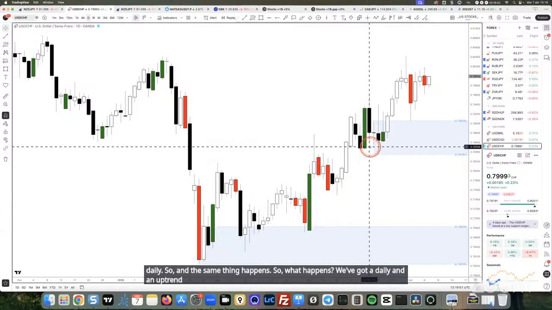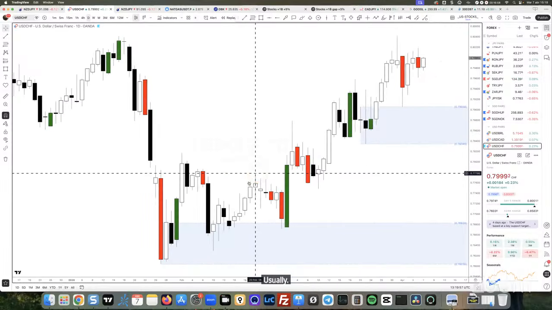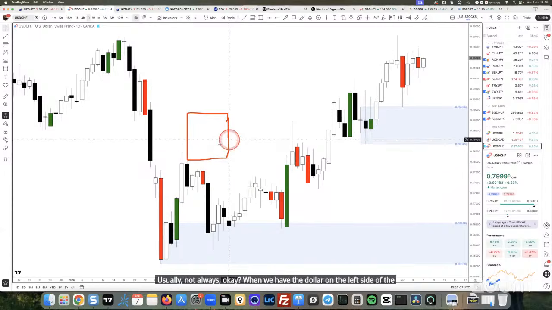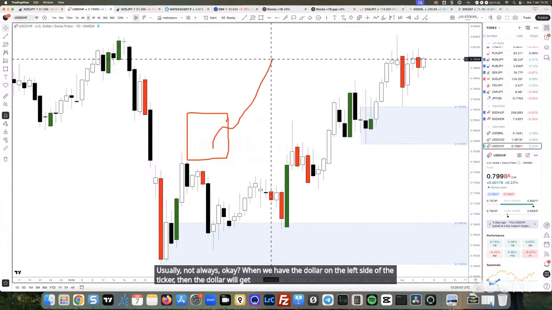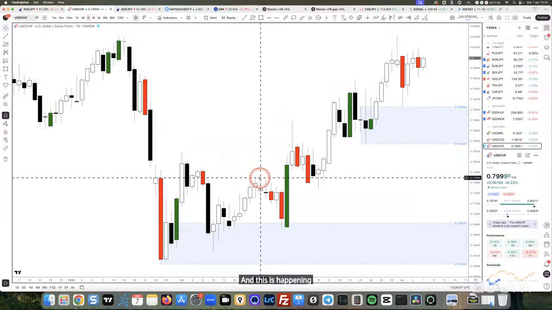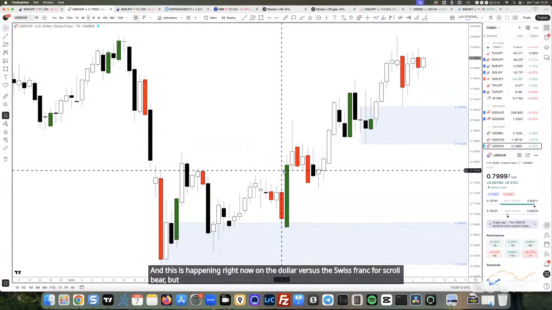Since the dollar index, remember what we saw before, the dollar index is bullish, usually, not always. When we have the dollar on the left side of the ticker, then the dollar will get stronger. Not always. This is happening right now on the dollar versus the Swiss franc, Forex cross pair, but sometimes it just doesn't happen. They are not 100% correlated.